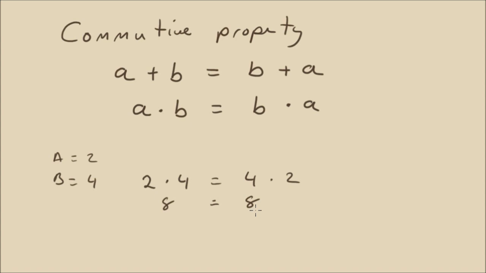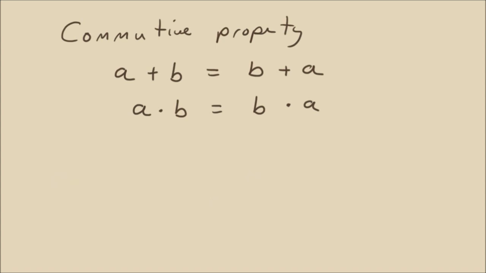It doesn't prove it, so just keep that in mind. It just gives you a rough idea of what I mean. Note that if I'm doing a mixture of them, I have to use other properties. This only works if you're adding the numbers, or multiplying the numbers, not multiplying and adding them at the same time.